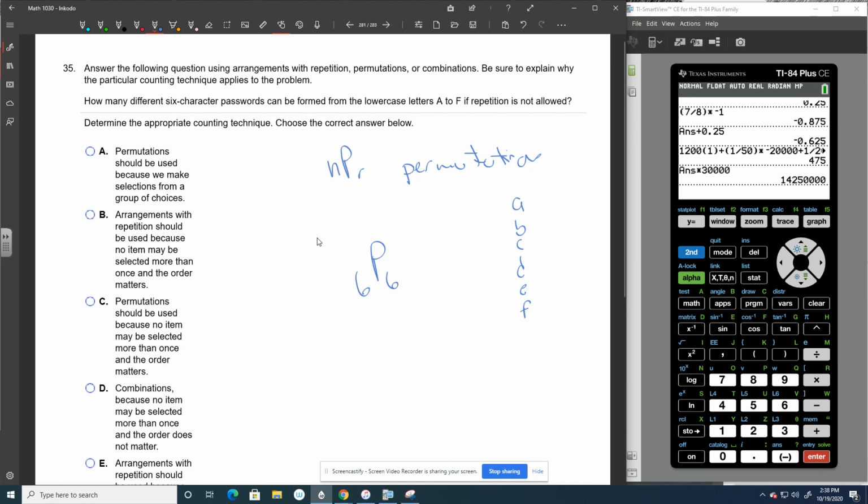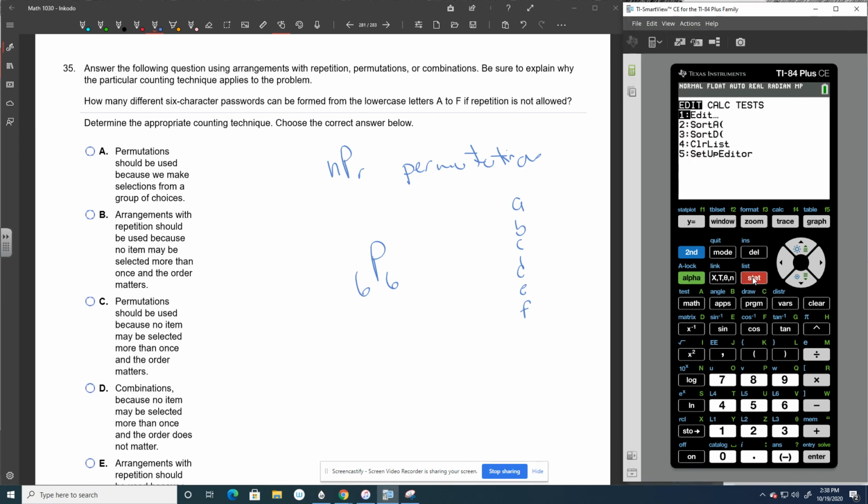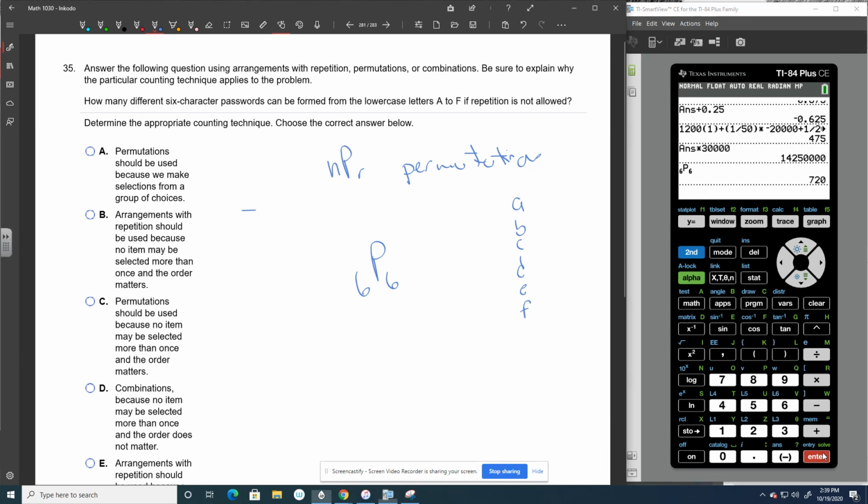So I've got 6 lowercase letters, I'm choosing 6. So I would go to math and go to nPr, and from 6, I'm choosing 6. So I would have 720 different choices for a password. And I would use a permutation, okay?